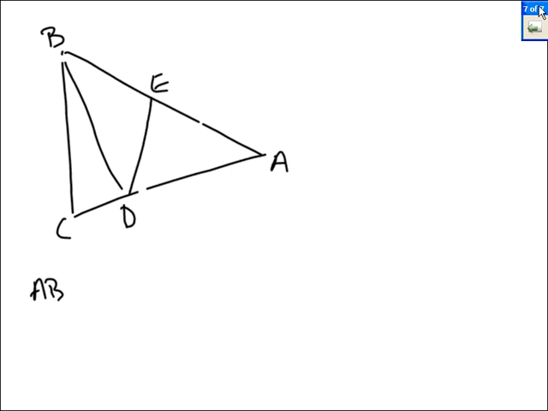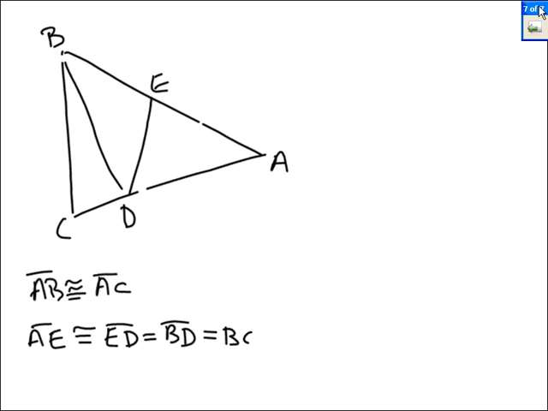They tell us that AB is congruent to AC. And they tell us that AE is congruent to ED, which is congruent to BD, which is actually congruent to BC.